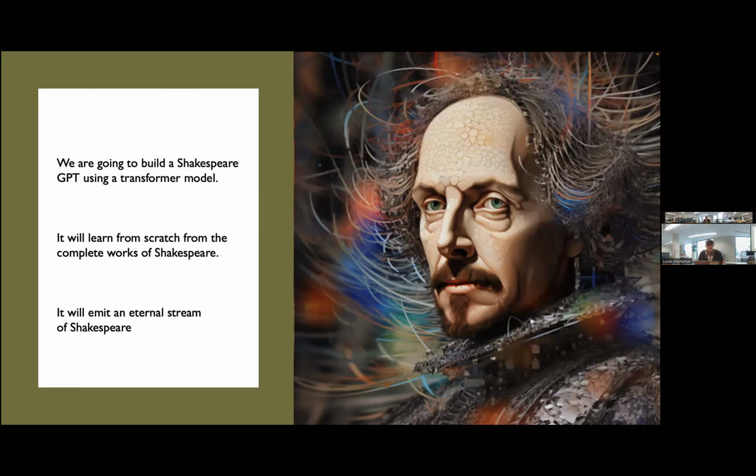We're going to learn from scratch what Shakespeare said in his works by absorbing his complete works and studying them. Or we're not going to do it, but our AI is. And then we'll be able to emit text after that. Once we have a trained model, we'll be able to just spew Shakespeare forever. So kind of cool, kind of scary, but that's what we're going to do.